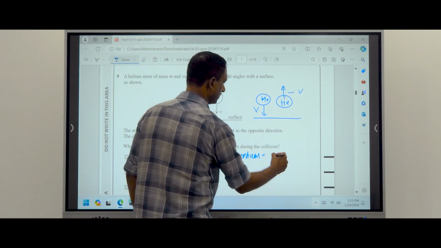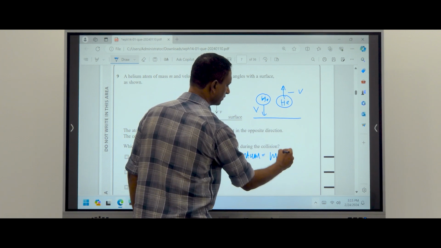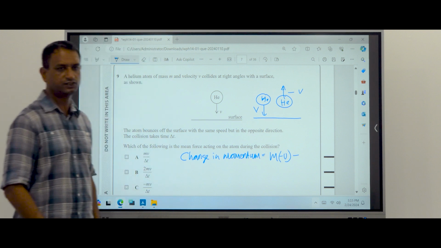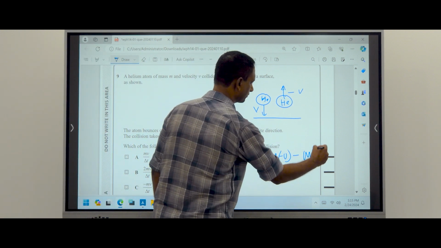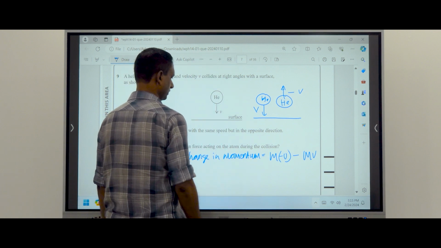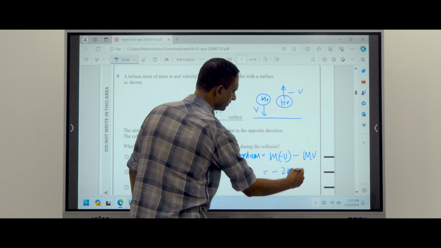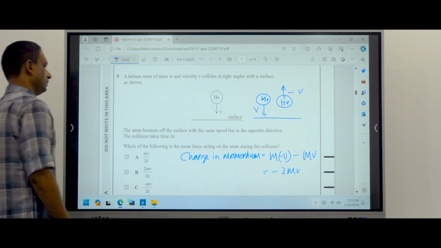Final momentum is m multiplied by minus v. Subtract m multiplied by v. Then it is minus 2 mv.